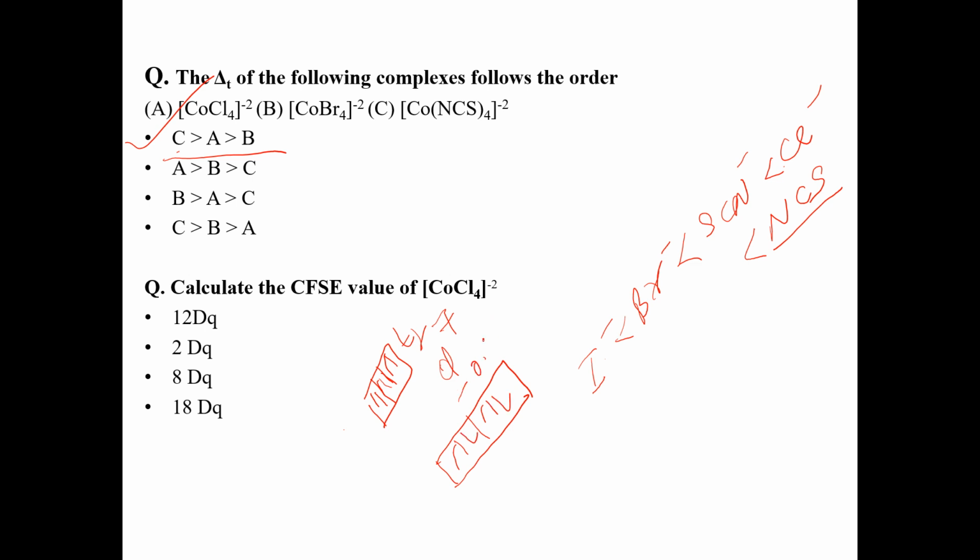So it will be 4 multiplied by 0.6 plus 3 multiplied by 0.4 Δt, and minus 0.6 multiplied by 4. So it will be 1.2 Δt minus 2.4 Δt. So it will be minus 1.2 Δt, or you can say 12 Dq.